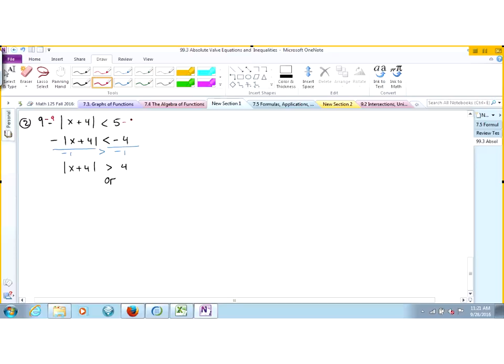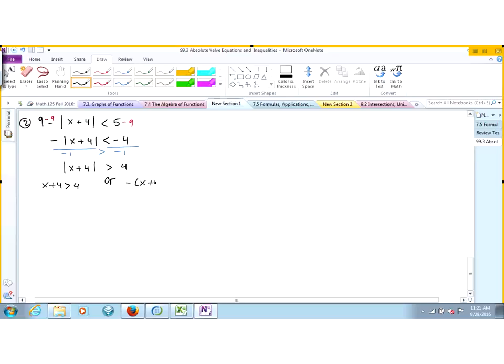You subtract 9 from both sides. Yeah, so you subtract 9, because you need to isolate the absolute value, okay? This is an or, not an and. So why is it an or? Greater than, yeah, the distance is greater than, so it's tail areas, right? What am I going to write here? x plus 4 greater than 4.